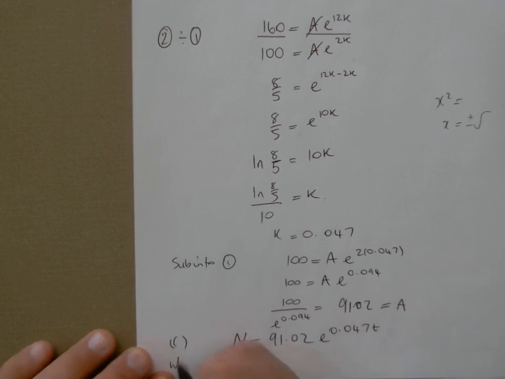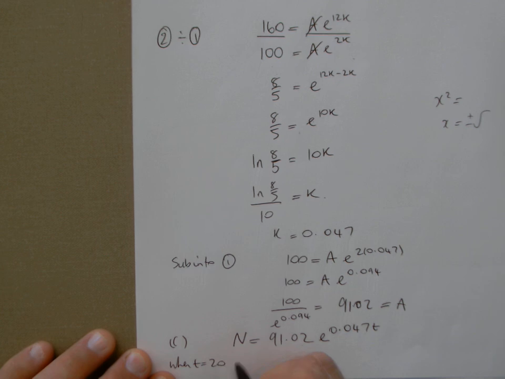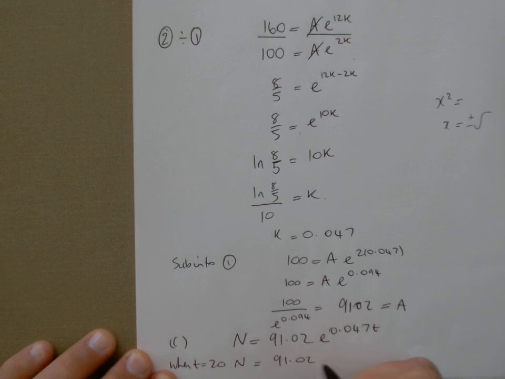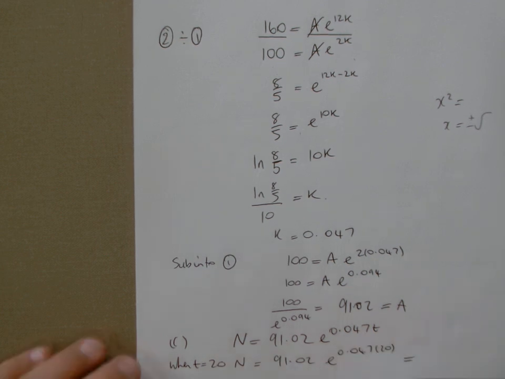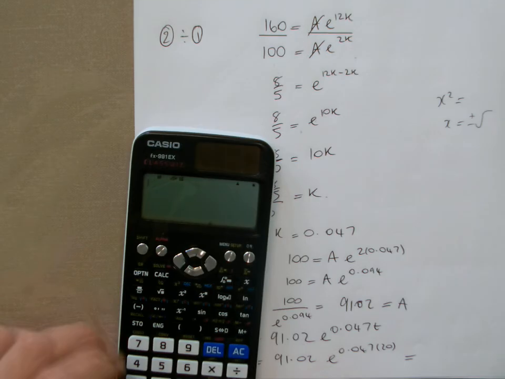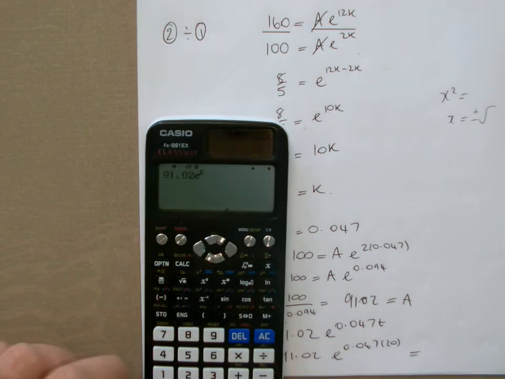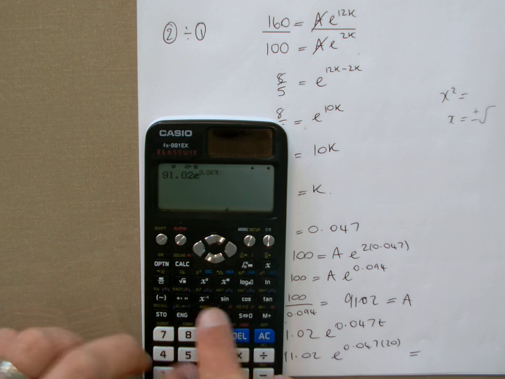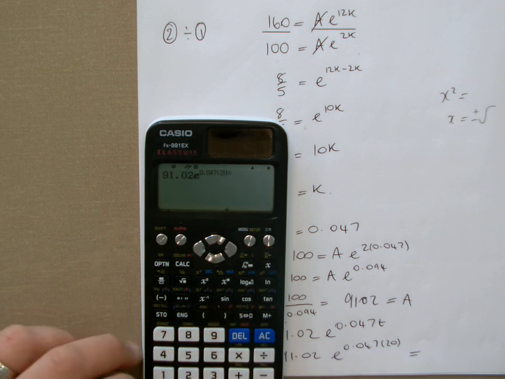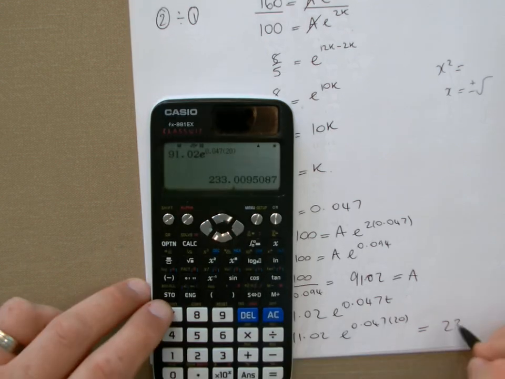So when t is 20, N is 91.02 e to the power 0.047 times 20. I'll do all that in one go: 91.02 e to the power 0.047 times 20, and that equals 233.